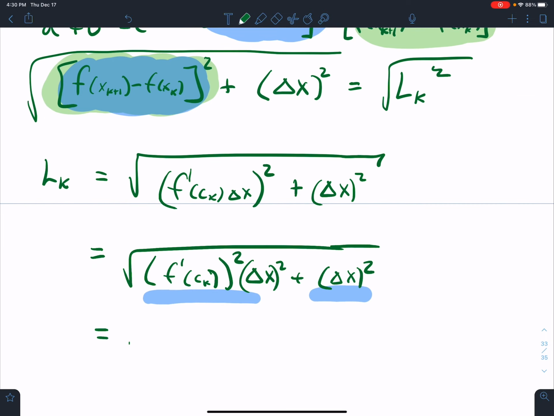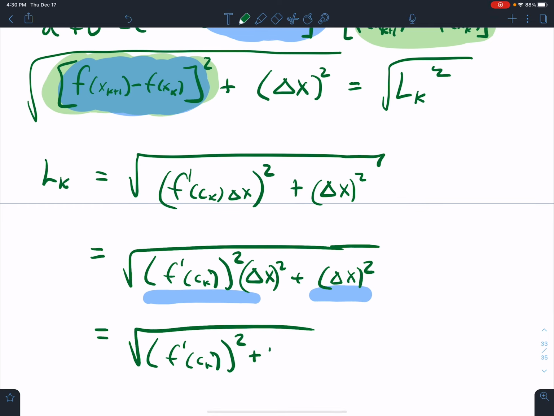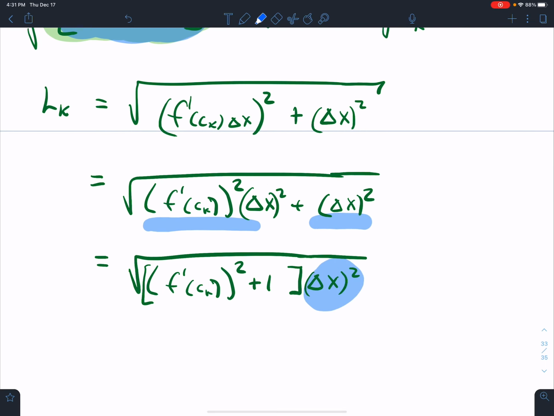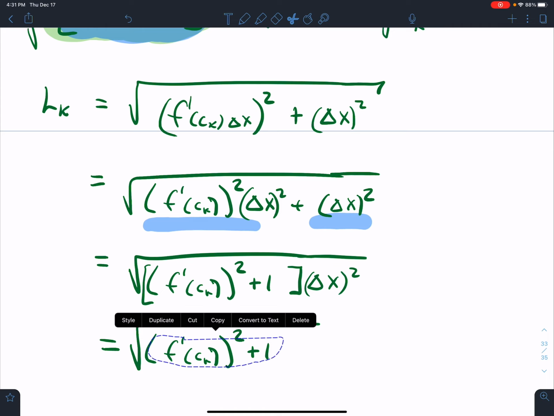Well, that gets me the derivative squared plus 1, times delta x squared. And then the square root of the square is equal to the original thing, right? So this is equal to the square root of the derivative squared plus 1, times delta x.